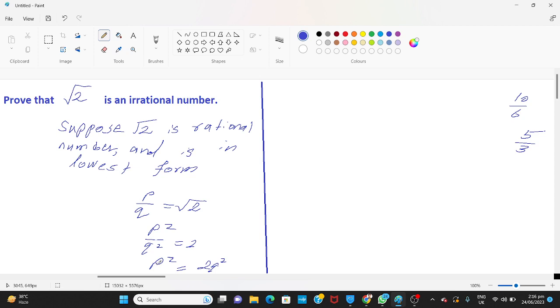It means that in place of p there should be a number that is a multiple of 2. So I can write p is equal to 2p prime.